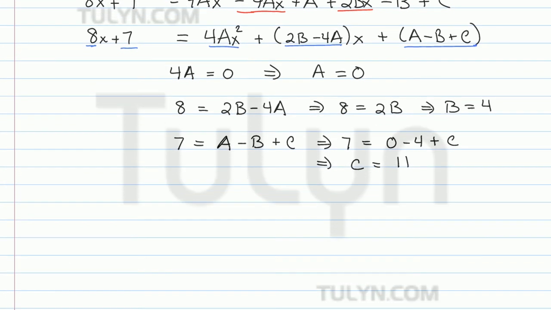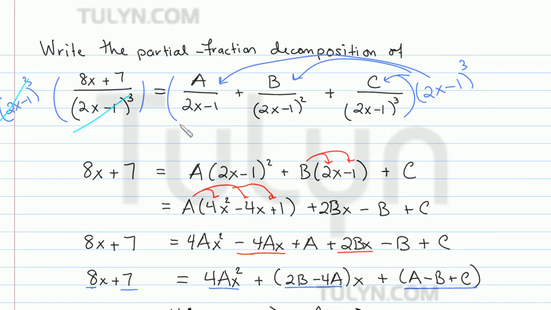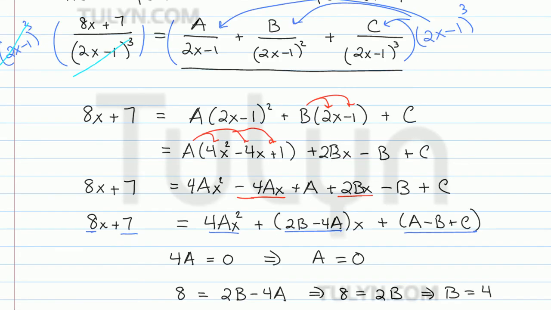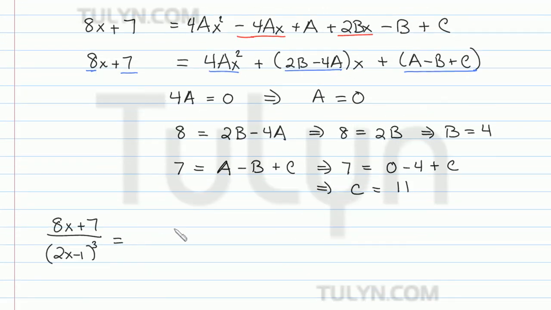Finally, we want to write down our partial fraction decomposition. We had (8x + 7)/(2x - 1)^3, and going up top, it was supposed to look like this. This is supposed to equal A over (2x - 1) plus B over (2x - 1)^2 plus C over (2x - 1)^3.